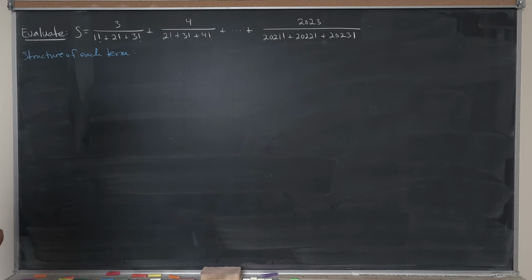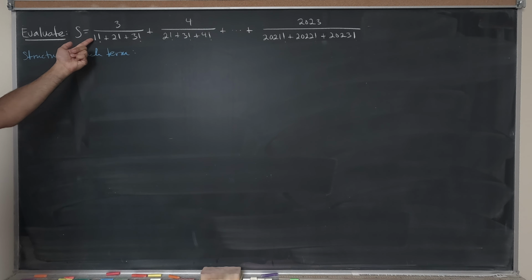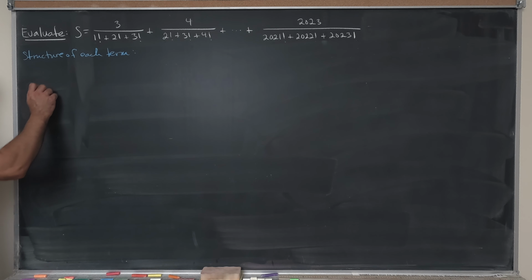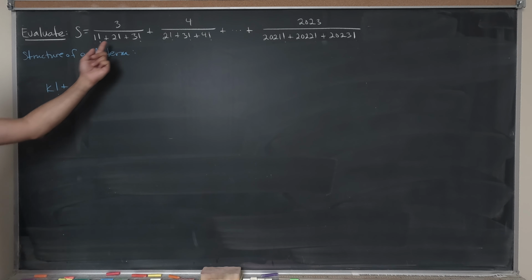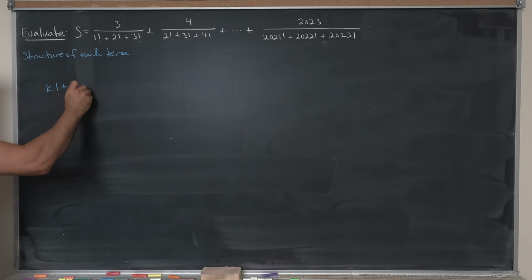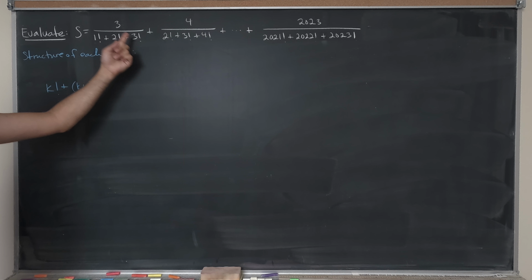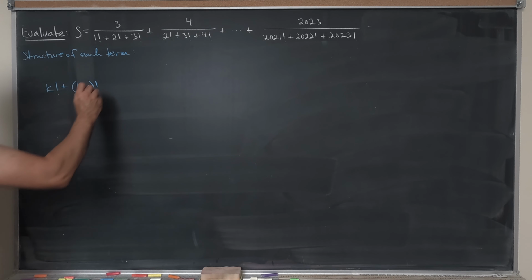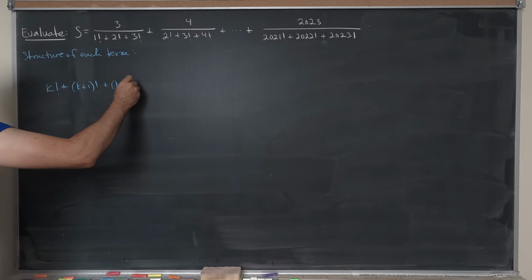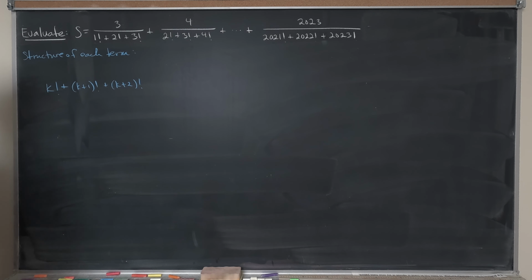Well, the pattern that we see is, in the denominators, we start with this number here, let's say k. So k factorial. And to that we add one number higher factorial. So we add k plus 1 factorial. And then to that we add 1 higher, and so we have k plus 2 factorial.